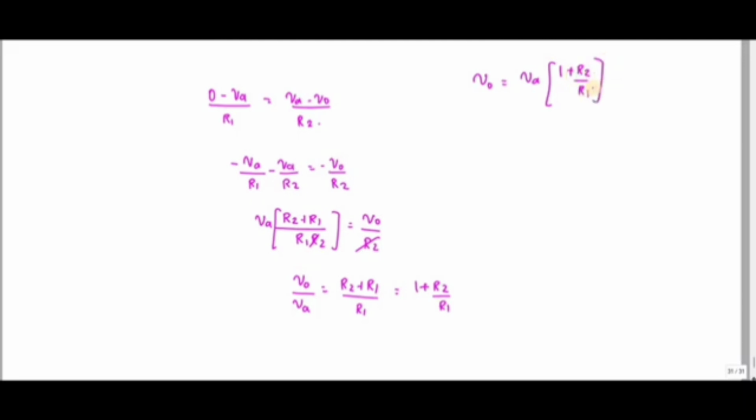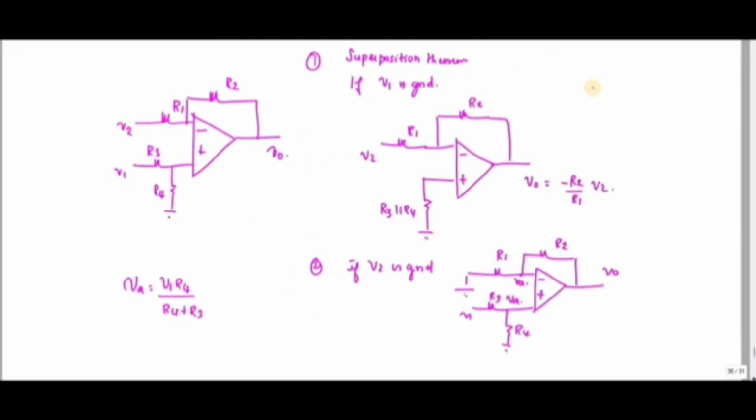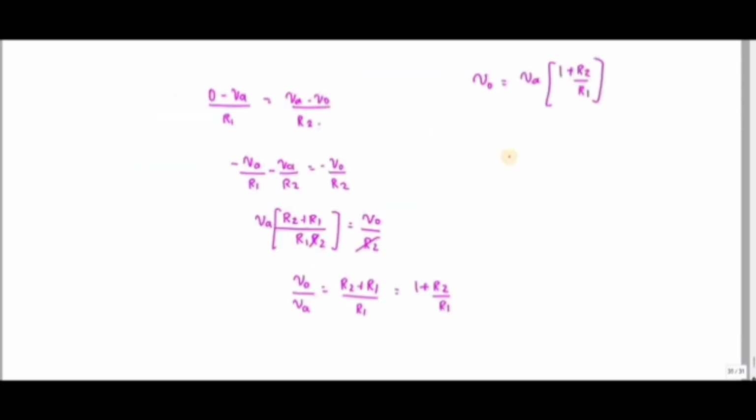So what is the value of VA? VA is V1 R4 divided by R4 plus R3. You substitute that here: V1 R4 divided by R4 plus R3 into 1 plus R2 divided by R1.